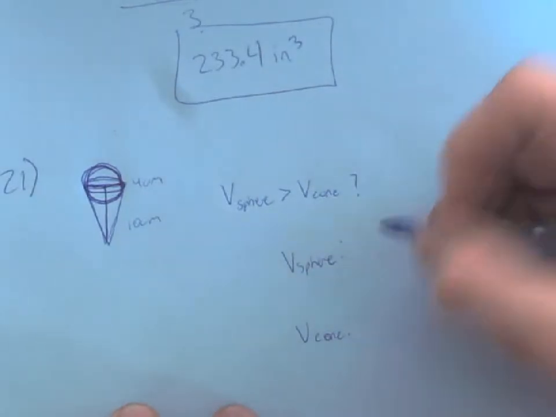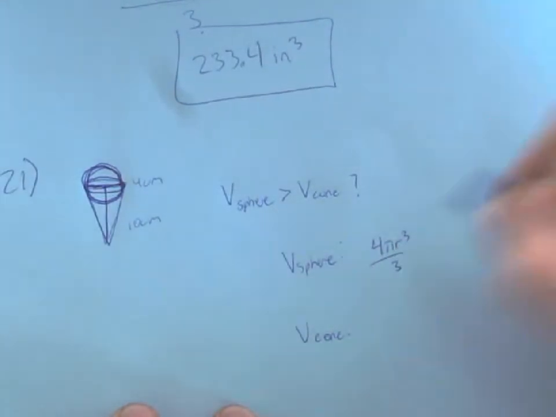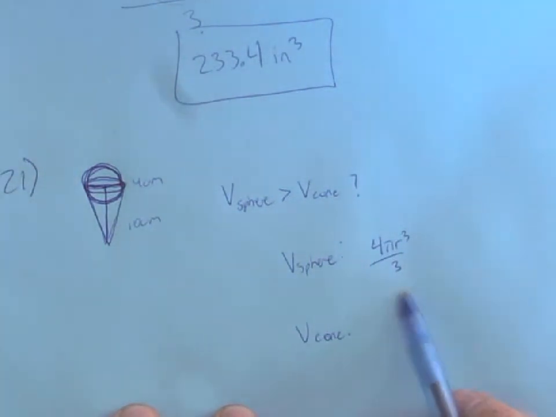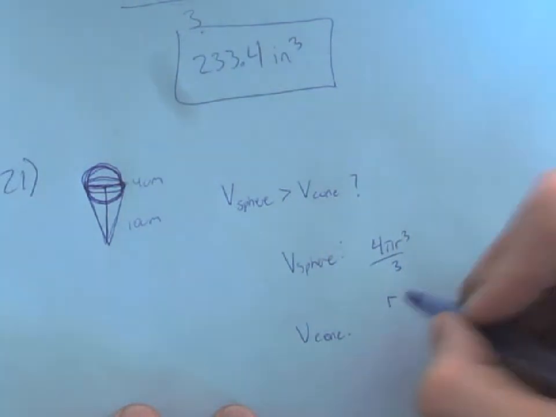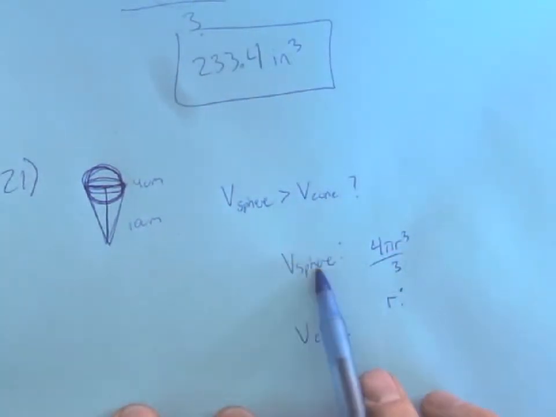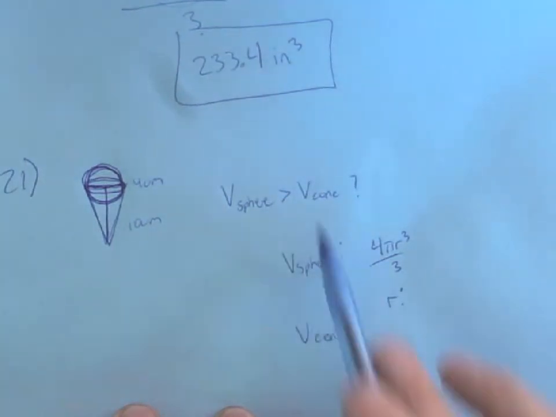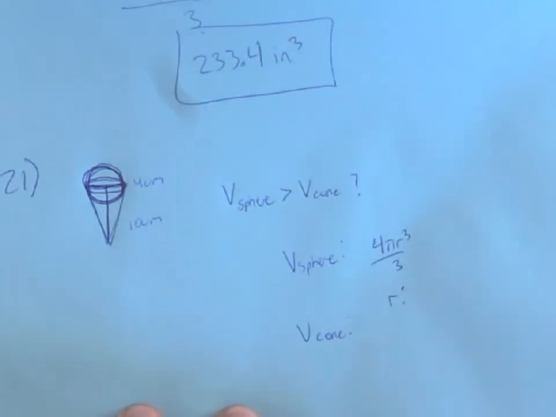So V sphere, volume of the sphere, is 4 pi r to the third over 3, or 4/3 pi r cubed. And in order to solve this problem, I have to know r, right? So look at these layers. Here's the original question. Here's a sub-question. Here's a sub-sub-question, right? Once we figure out the radius, then we can figure out the volume of the sphere, and then we can figure out if it's bigger than the volume of the cone.